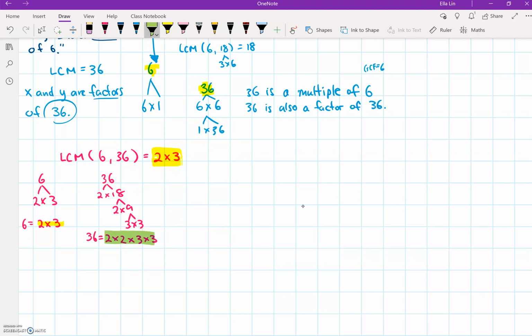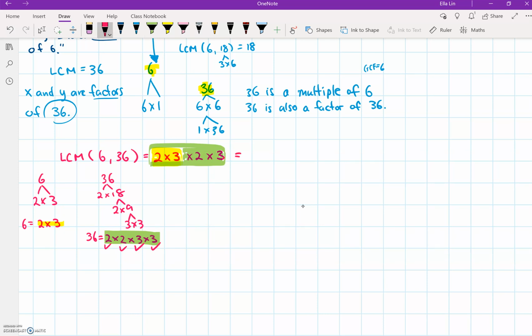And I need to make sure I have at least two 2s and two 3s. Well, I already have one 2 here. I just need another 2. There we go. And I have a 3 already. I just need another 3 times 3. This here together gives me my 36.